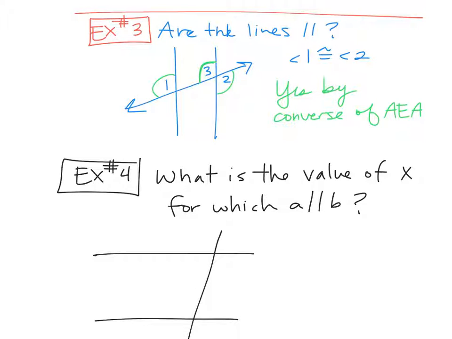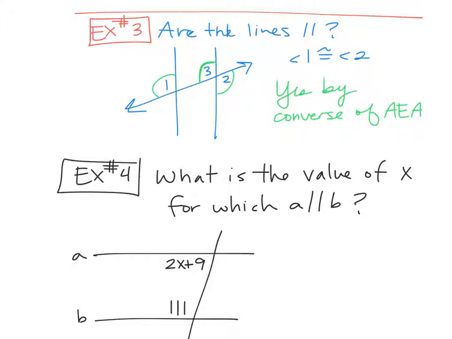It just is worded differently. So they didn't tell us A and B are parallel, but they say if we want them to be parallel, then what would x have to be? And they tell you this angle is 2x plus 9, and they tell you this angle is 111.